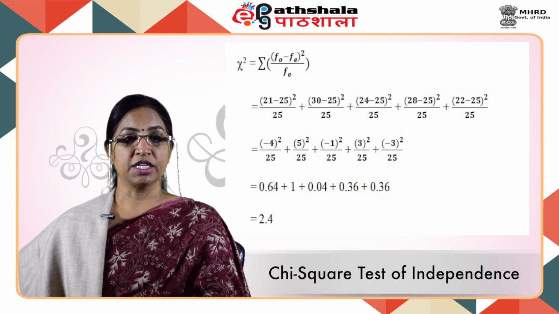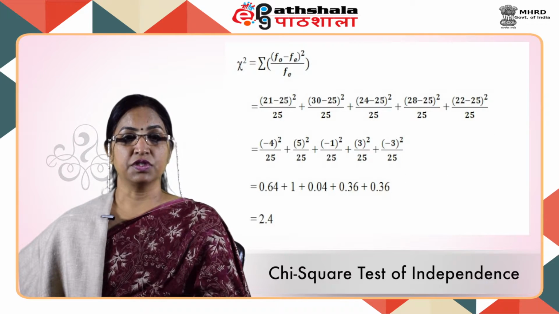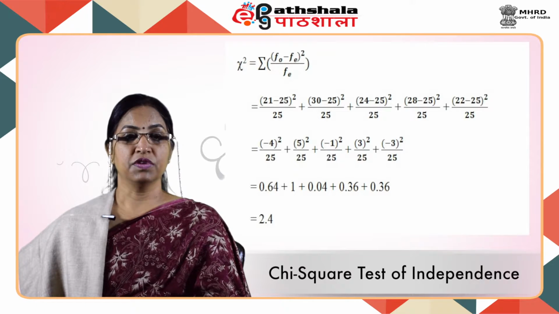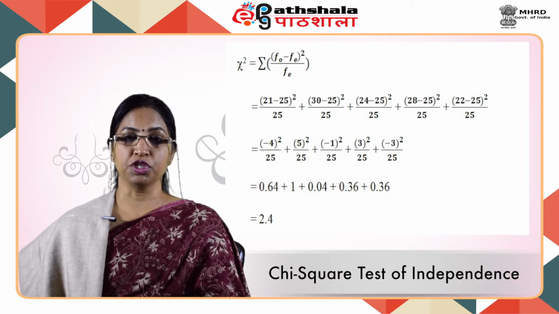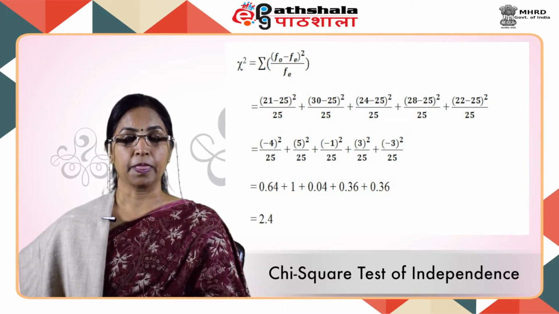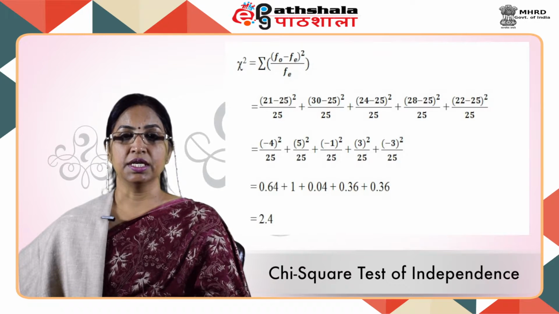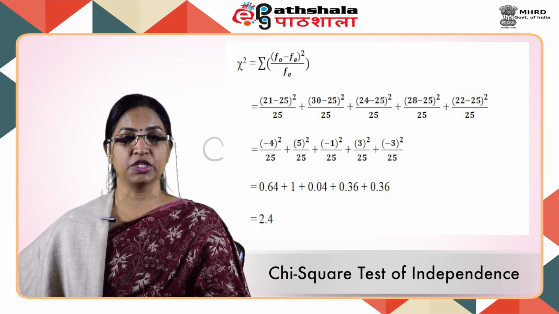Let us apply the chi-square formula to it, and after the mathematical operations we arrive at a chi-square value of 2.4.